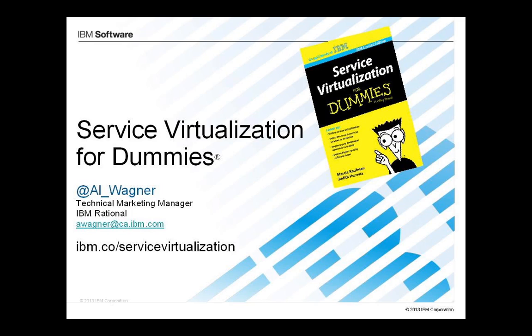And what we're going to do in this 45 to 60 minutes of time that we have together is go through and call out certain areas of the book or the certain key messages or takeaways from the content available in this book. Now, the URL at the bottom, it's not a typo. It is ibm.co/service virtualization. It's a shortened URL that will take you to the service virtualization main pages on ibm.com.